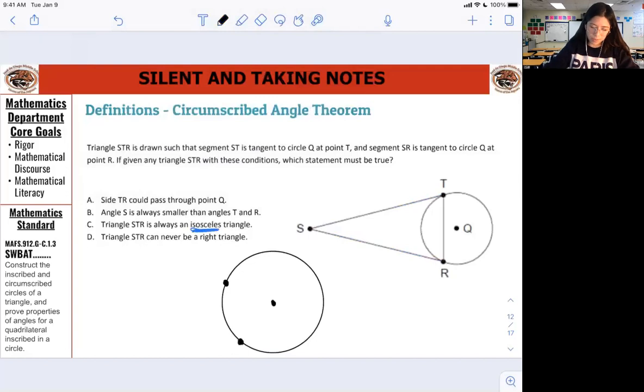I'm just going to draw them in different places. Here's T, here's R, and I'm going to put S over here.